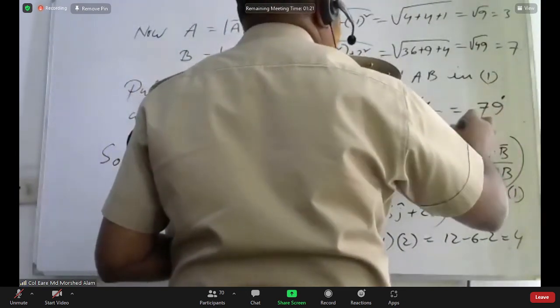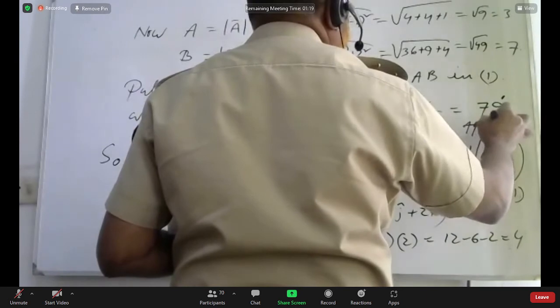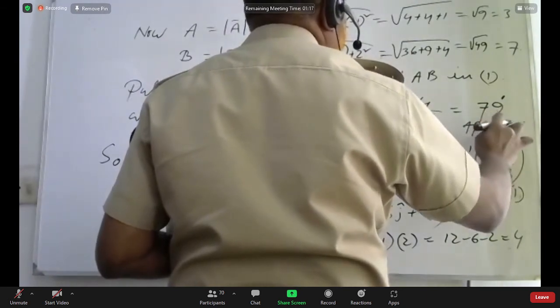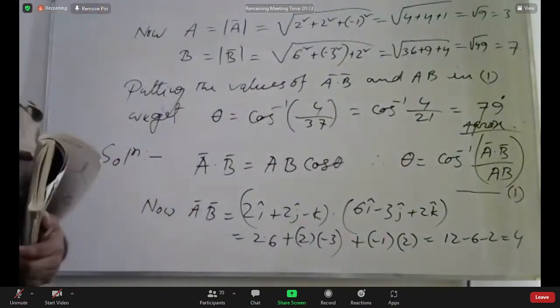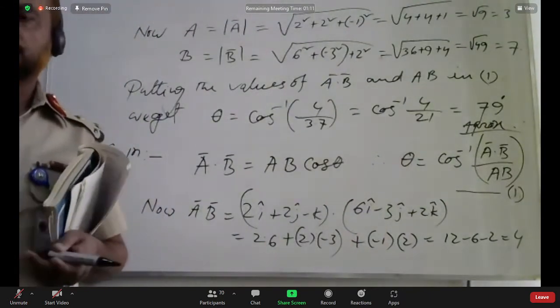You can find it from your calculator. So this is the angle between the two vectors.